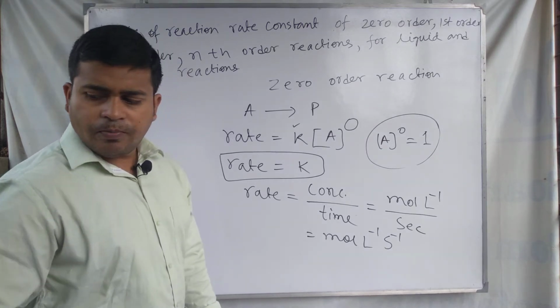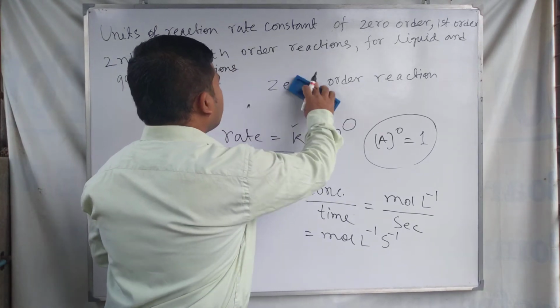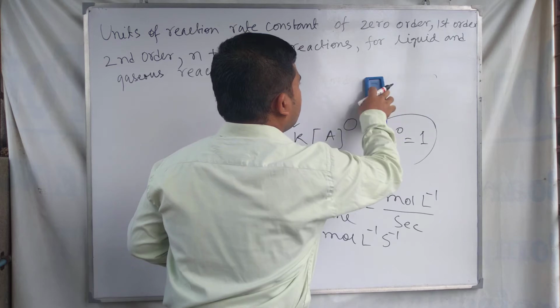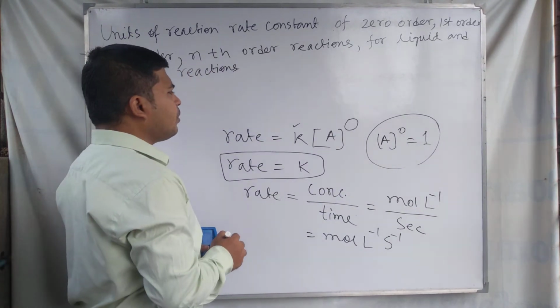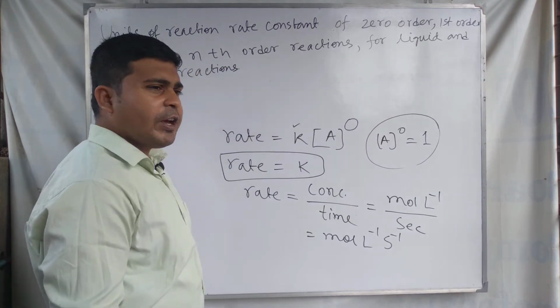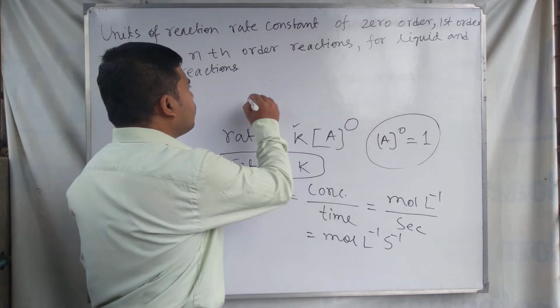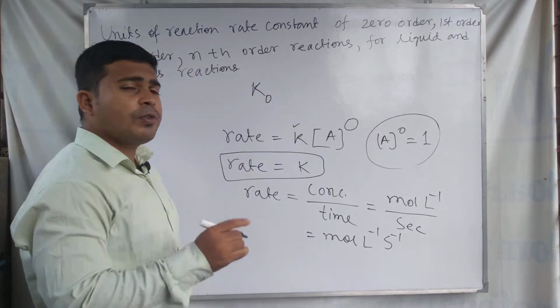So we can understand what the unit of the zero order rate constant is. For the zero order reaction rate constant, I am defining it as K0, the subscript 0 for zero order.